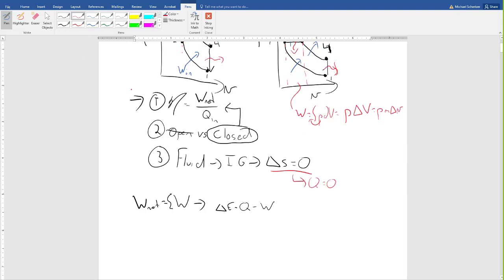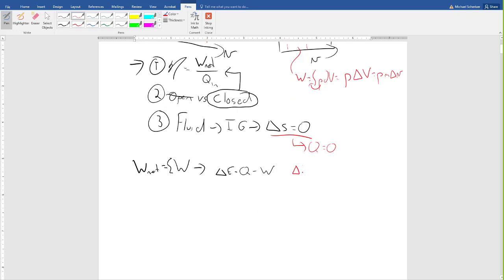We would assume that there's no kinetic energy change, no potential energy change, or at least that they're small enough that we can neglect them. So this is going to be m times delta little u is equal to Q minus W. That's true for all four processes.